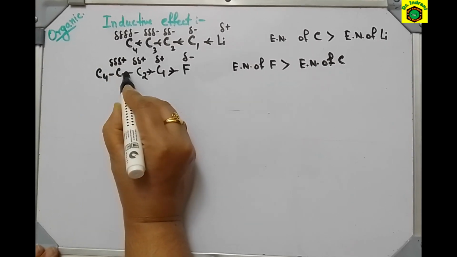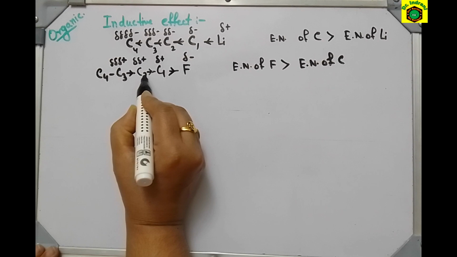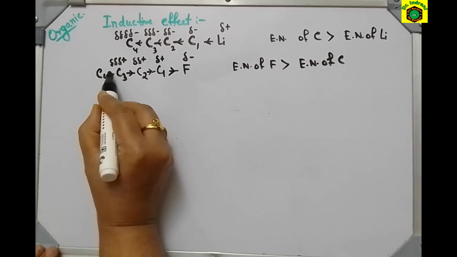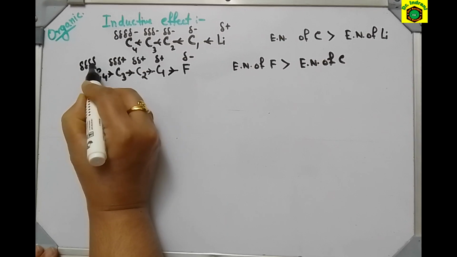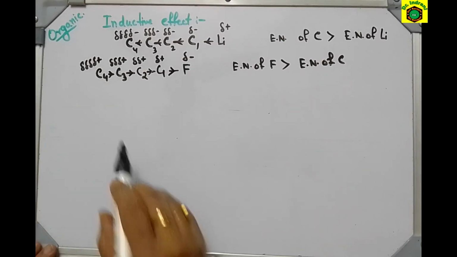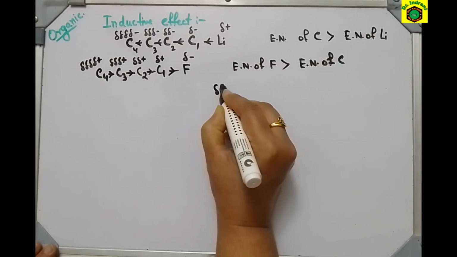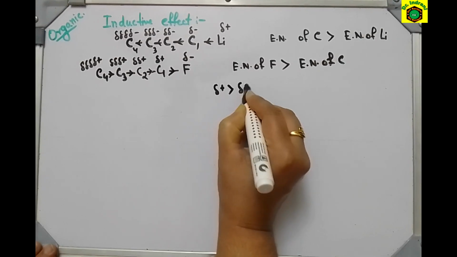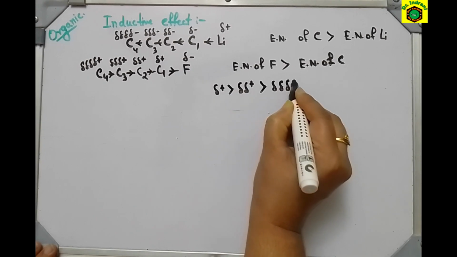Because it is electron deficient, it will pull electron density towards this carbon and this carbon will become delta plus, and the magnitude of this partial positive charge will be decreasing like this.